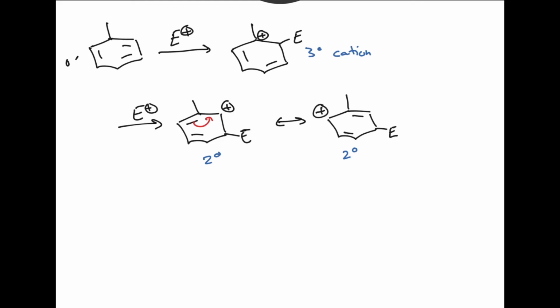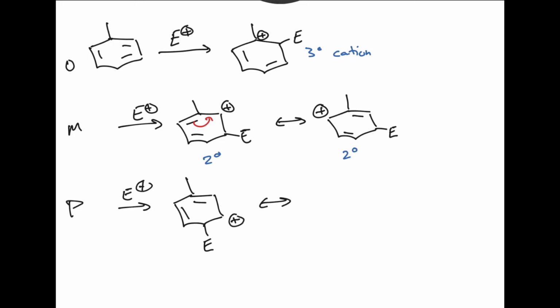So this is adding the ortho, adding the meta. Now if I add para, same thing, electrophile. Right, I get a secondary carbocation here, but I can draw a resonance structure where I get a tertiary carbocation.